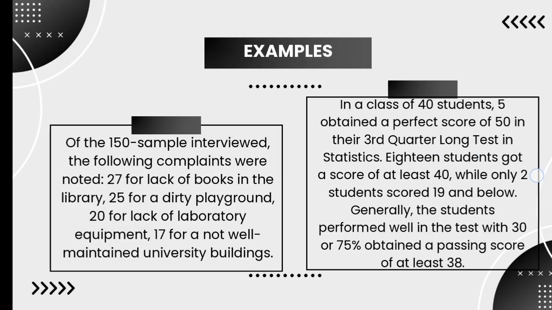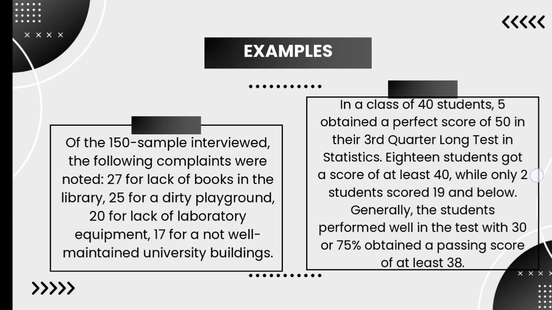So here are some examples of textual presentation. In a class of 40 students, 5 obtained a perfect score of 50 in their third quarter long test in statistics. 18 students got a score of at least 40, while only 2 students scored 14 and below.